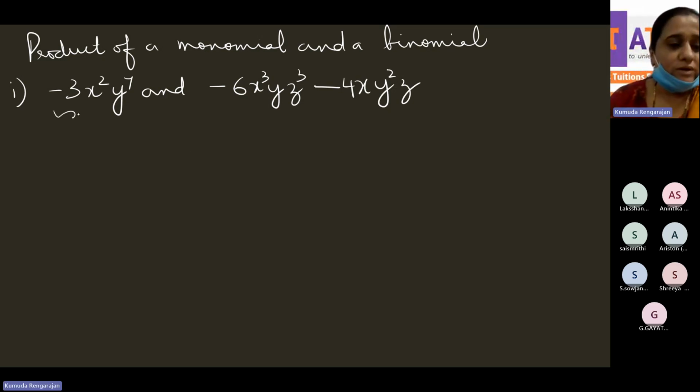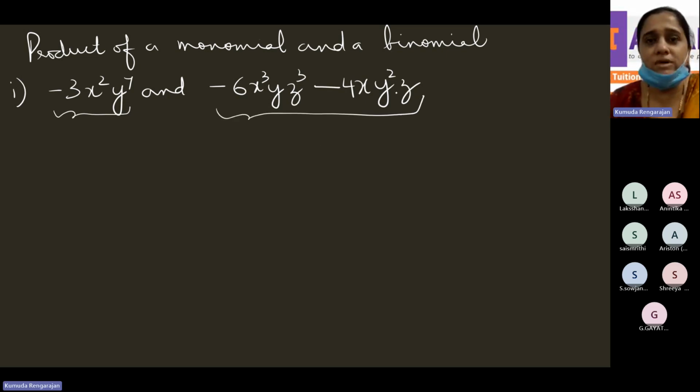Now you need to multiply this one, which is a monomial, and this one, which is a binomial. This expression is a binomial. This is one term. This is the other term.